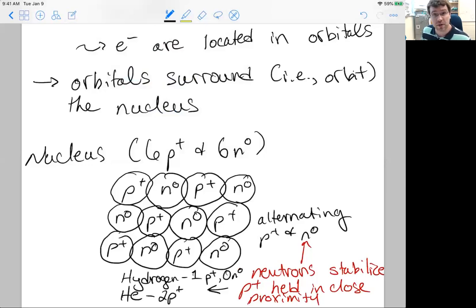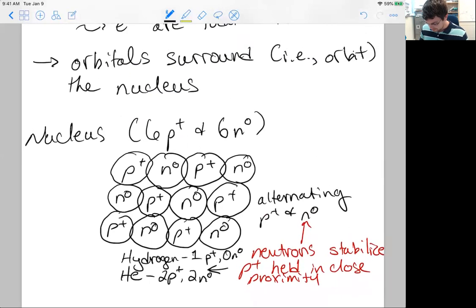So it has 2 protons, because we're going to just traverse 1 proton, 2 protons, 3 is then lithium, and so on and so forth. But as soon as we put that second proton in the nucleus, the typical mass for helium is an atomic mass of 4. So whereas hydrogen typically has 0 neutrons, helium now typically has 2 neutrons to help us hold those 2 protons in close proximity with each other.